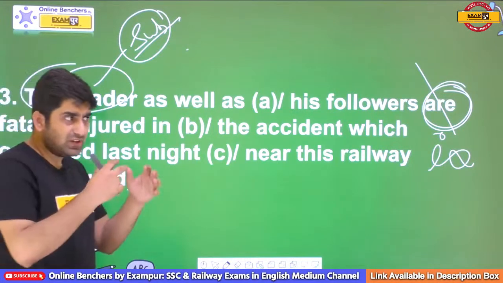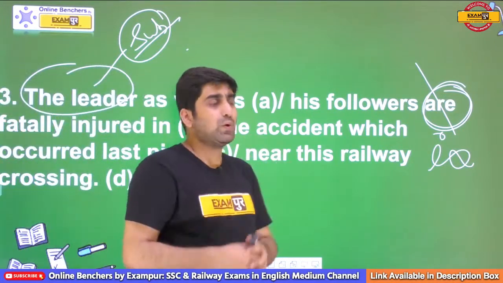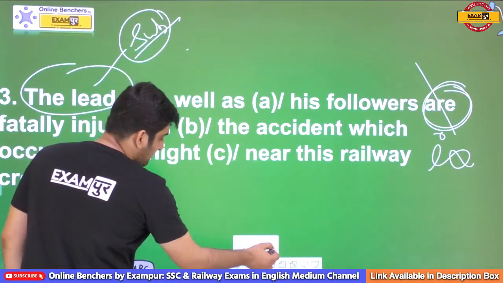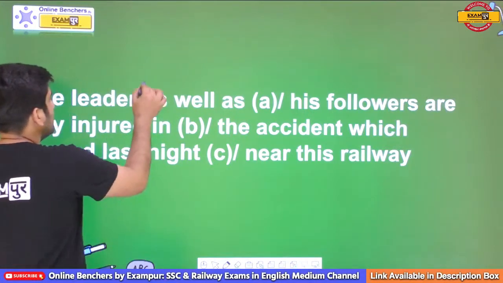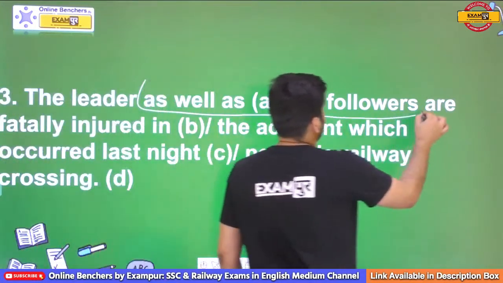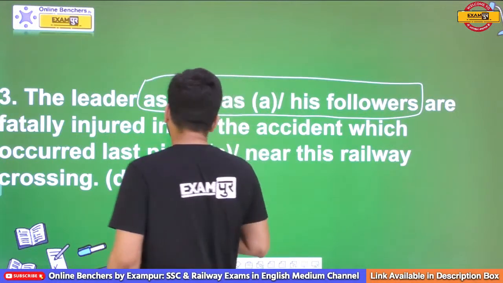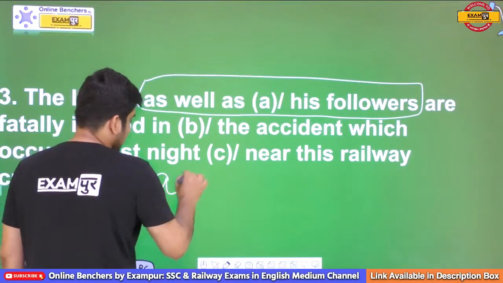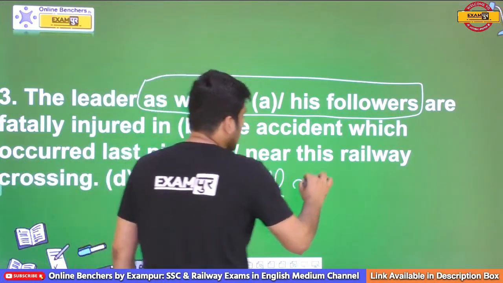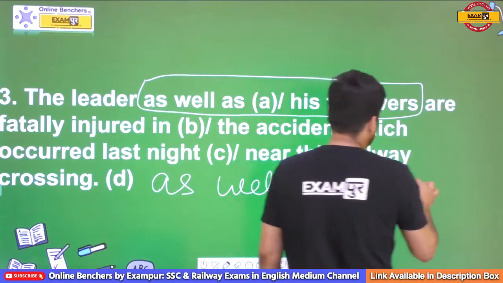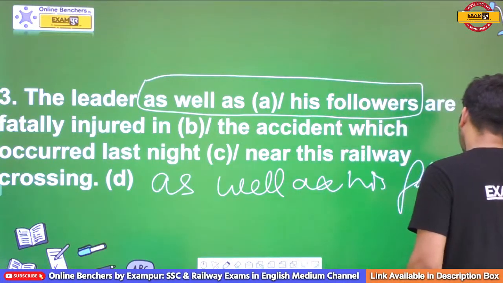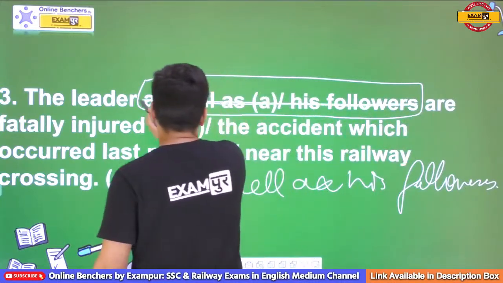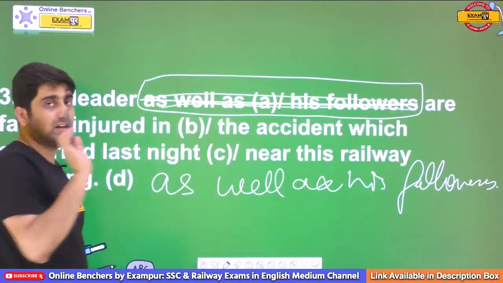If you want to solve this question in a different dimension, the solution can be very easy, guys. You can put this part, as well as his followers, at the end of the statement. Now if you remove this part from here, I guess you will reach the answer directly.